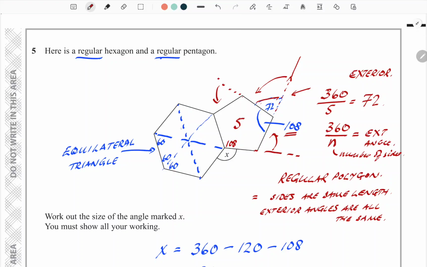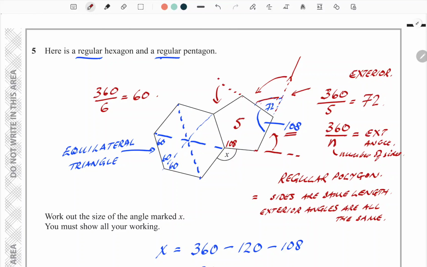Now, on this one, we have a hexagon. Again, 360 divided by 6 is 60. That means all the interior angles are going to be 180 minus 60.